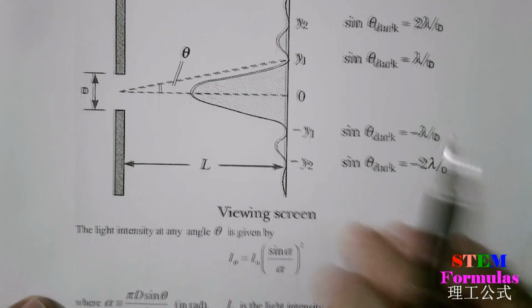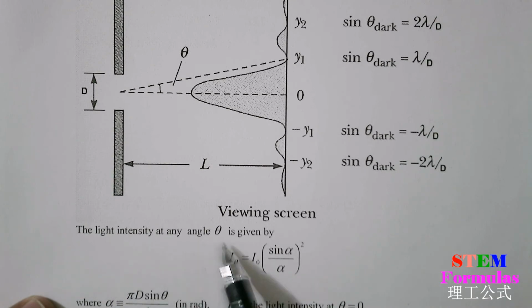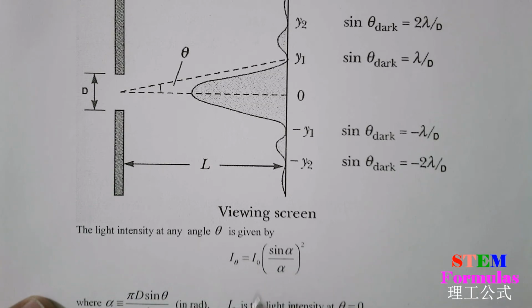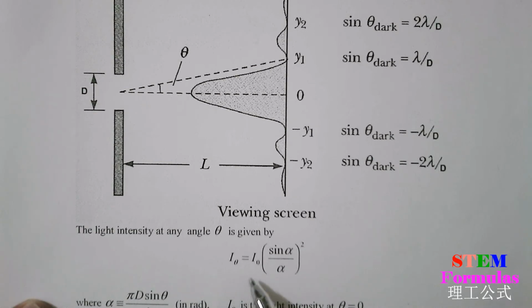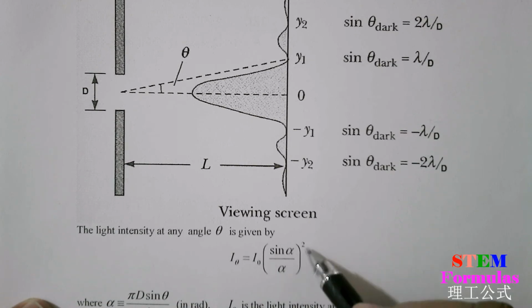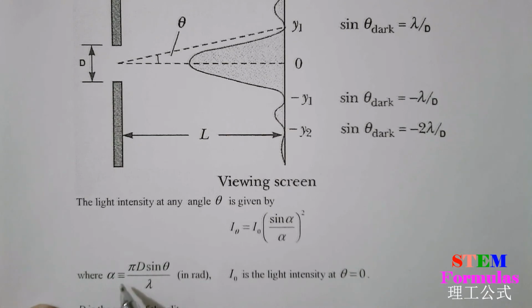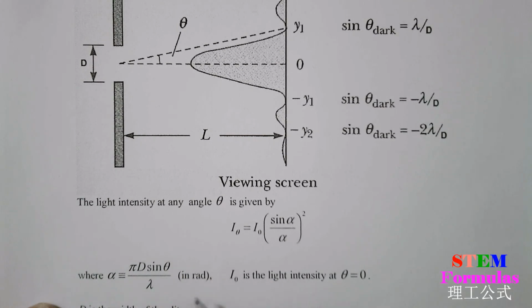The intensity at any angle theta is given by I(theta) equals I0 times (sine alpha divided by alpha) squared, where alpha is defined as pi d sine theta divided by lambda, and all this quantity is in radians.